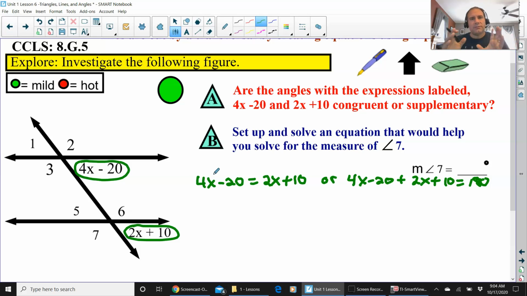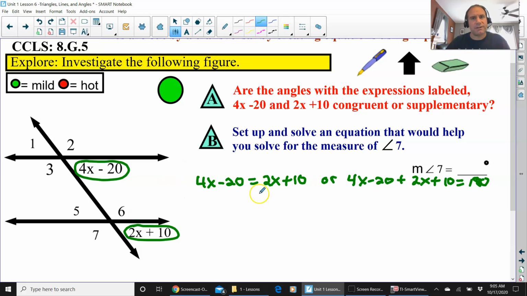Go ahead, pick an equation and see if you can solve it. Actually, we're not going to press pause yet because I want you to solve the right equation. I don't want you to waste time solving the wrong equation if you do pick the wrong one. All right, so are these equal to each other, or are these supplementary?